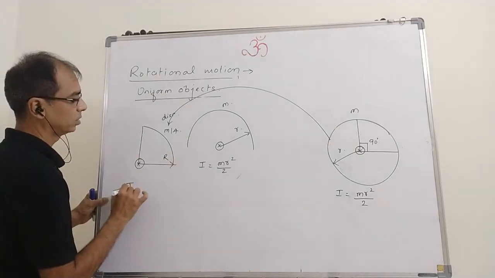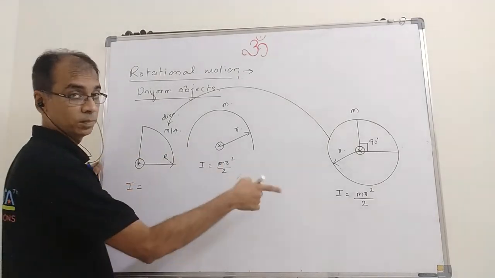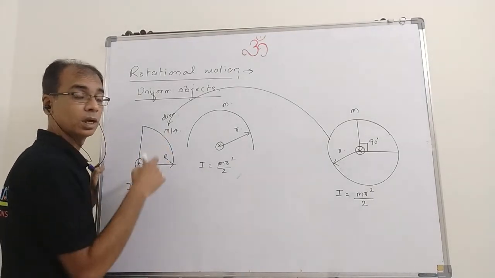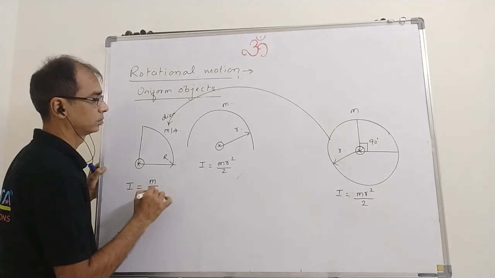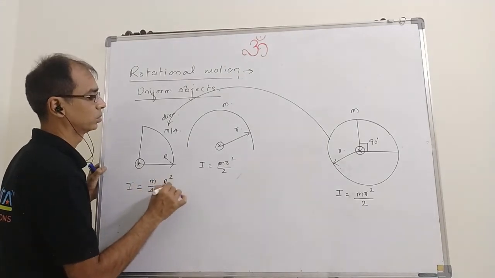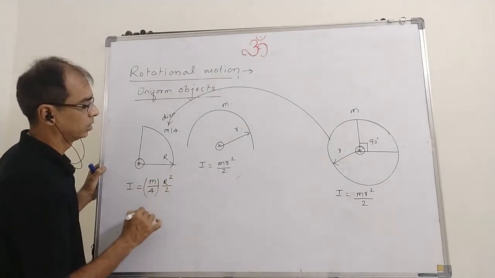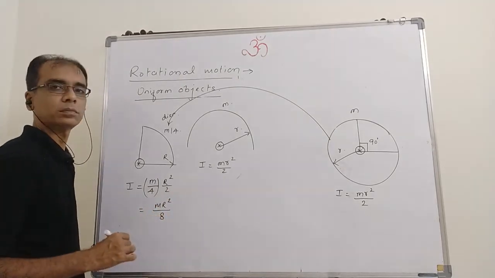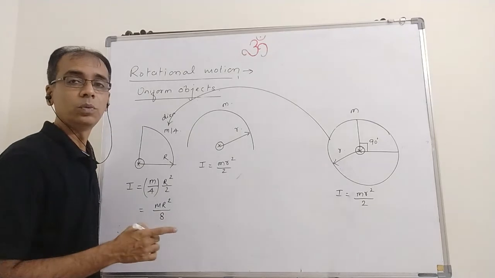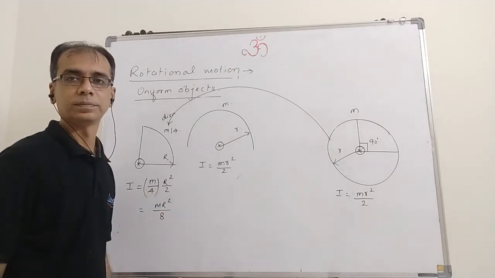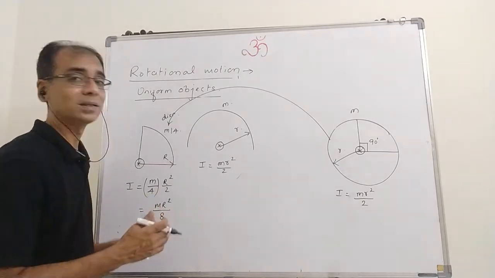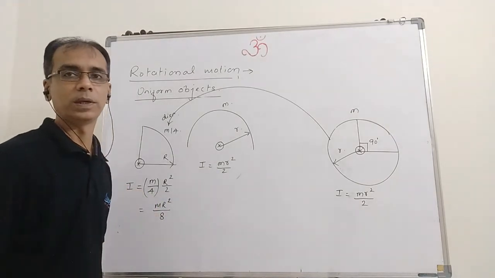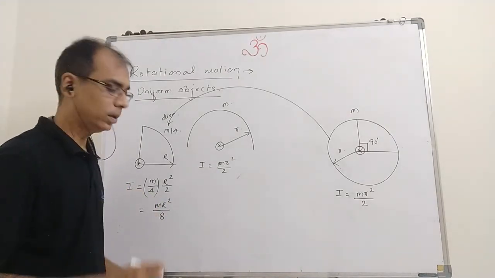So moment of inertia basically is what? M r square by 2. But what is M? M by 4. So (M by 4) r square by 2, moment of inertia M r square by 8. This is how we need to calculate, depending on what the mass is. Very necessary for us to know what is the mass. Without that we cannot. Okay?